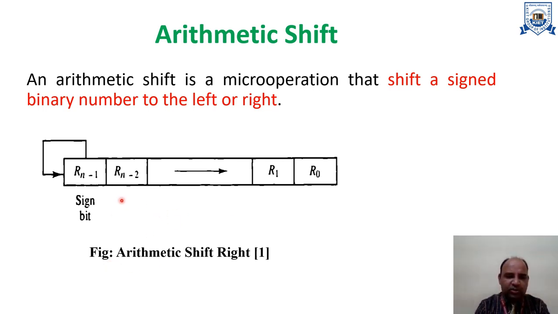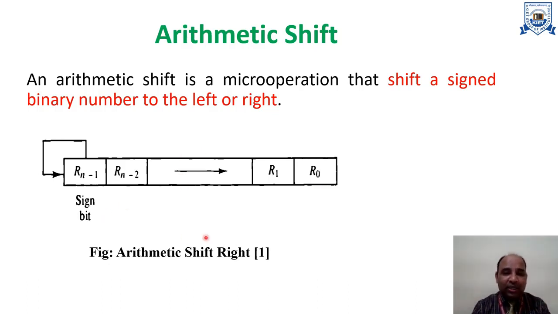Here Rn minus 1 is the sign bit, which is the MSB, the most significant bit, then Rn minus 2 next to it, and R0 in the example is the rightmost bit, which according to convention is also the least significant bit, also called LSB.